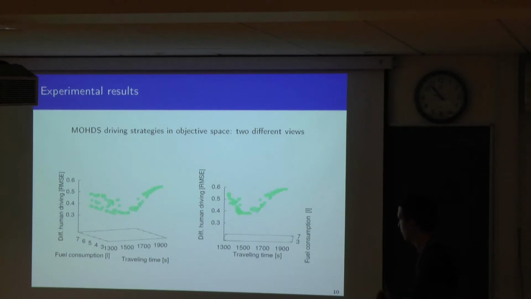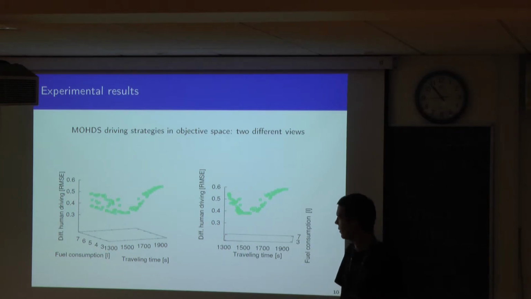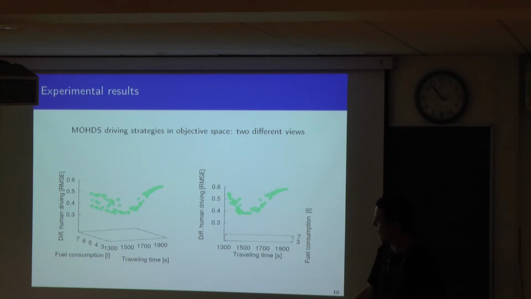On the right-hand side, we can see that when we try to optimize only the traveling time or only the fuel consumption, the difference with human driving increases, while when the algorithm optimizes a good trade-off between these 2 objectives, this difference with human driving decreases. So here we can see optimization of only traveling time, here is only fuel consumption, and here is a good trade-off.